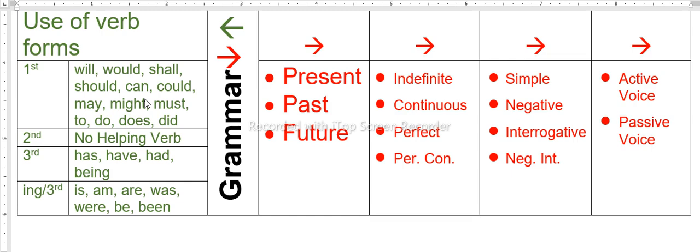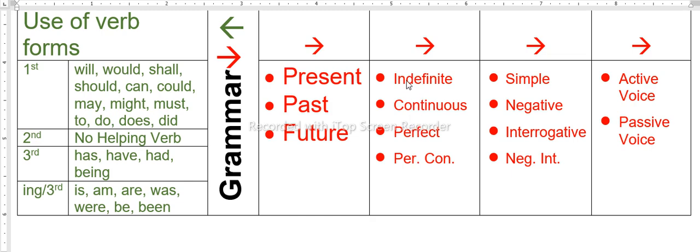And this method that I have previously discussed, this route leads to translation. For example, you learn the art of identifying present, past, and future, and not properly as well. And then you move on to indefinite, continuous.